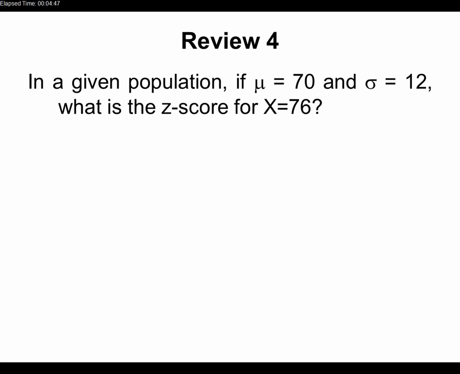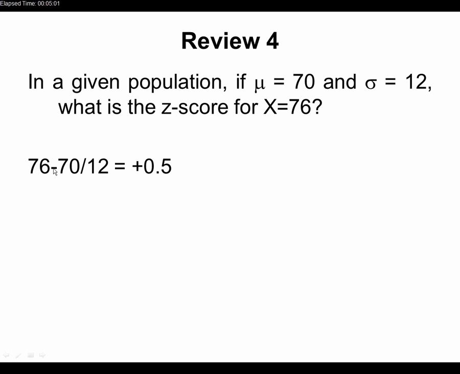And review 4, in a given population, if the mean is 70 and the standard deviation is 12, what is the z-score for x equals 76? And what did we change? We changed the standard deviation. So what's going to change? The numbers in the formula.